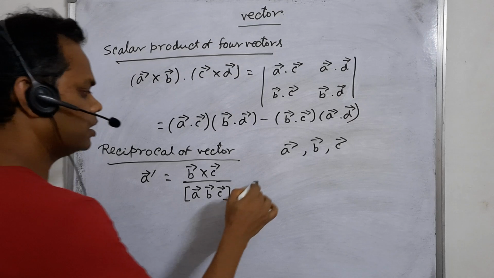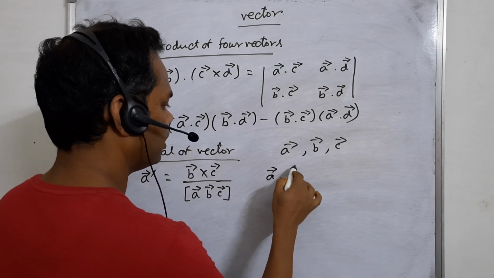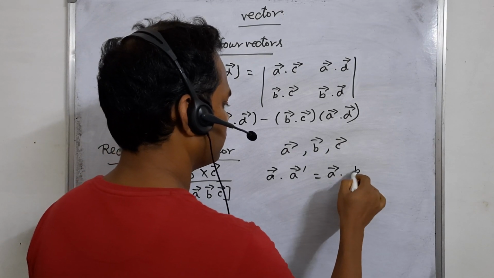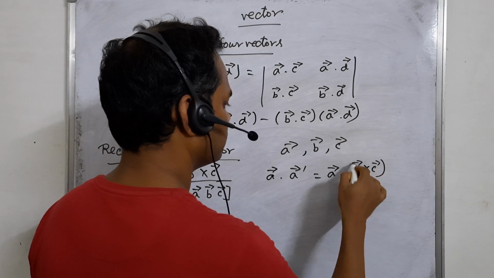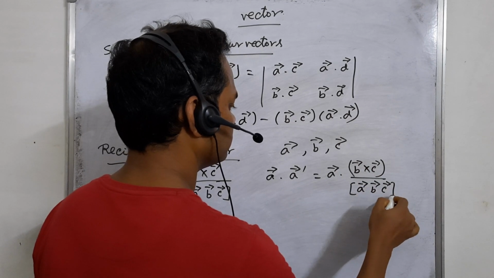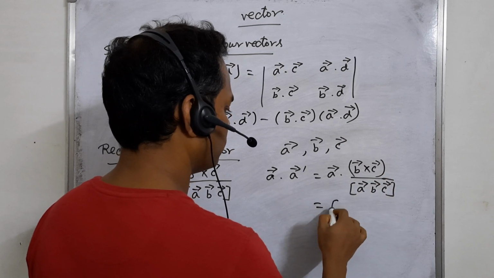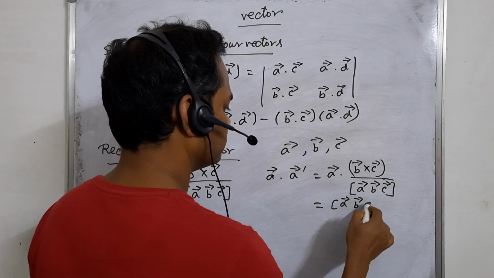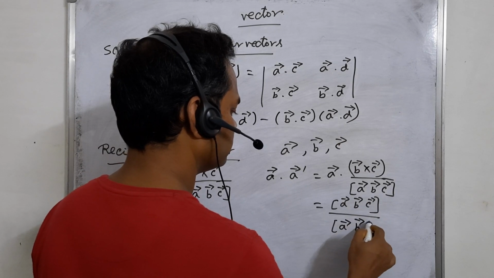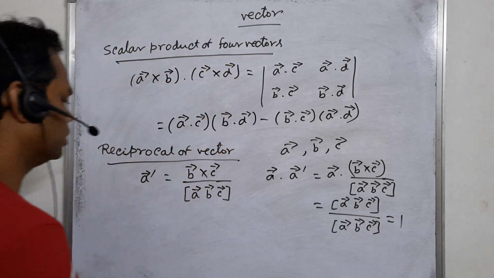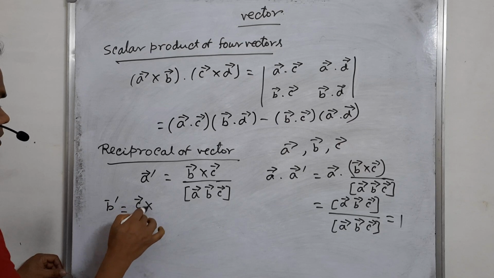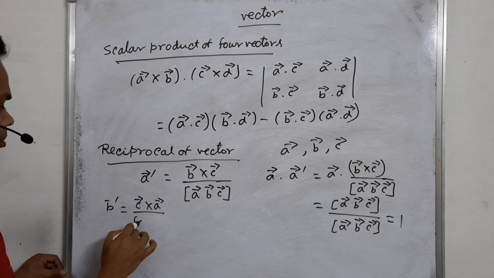In this case, A vector dot A prime is equal to A vector dot B cross C vector by box ABC, and A dot B cross C is box ABC, so box ABC by box ABC is equal to 1.